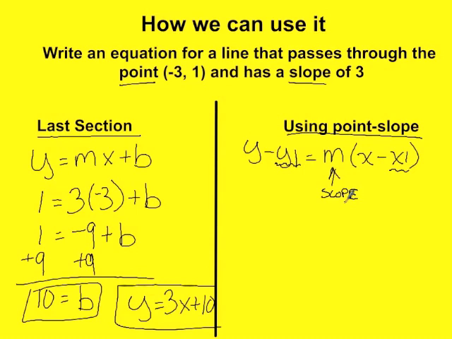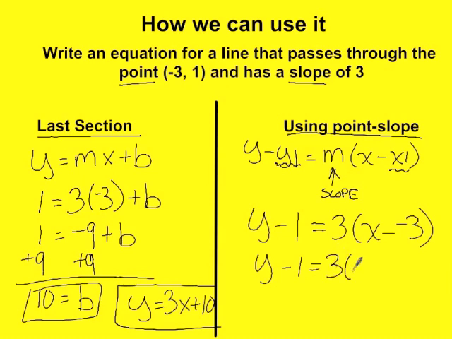You can get this done in one step. So we have y minus whatever our y-coordinate is equals our slope times x minus whatever our x-coordinate is, so minus negative 3. Then we just need to simplify this part quick. We get y minus 1 equals 3 times x.